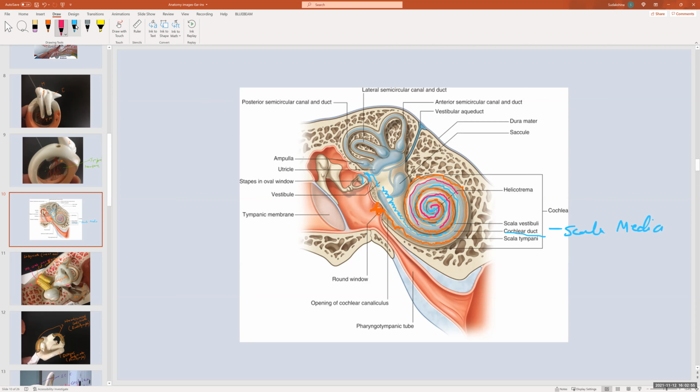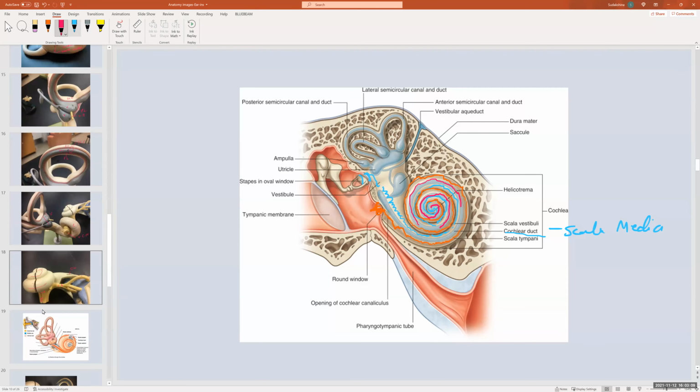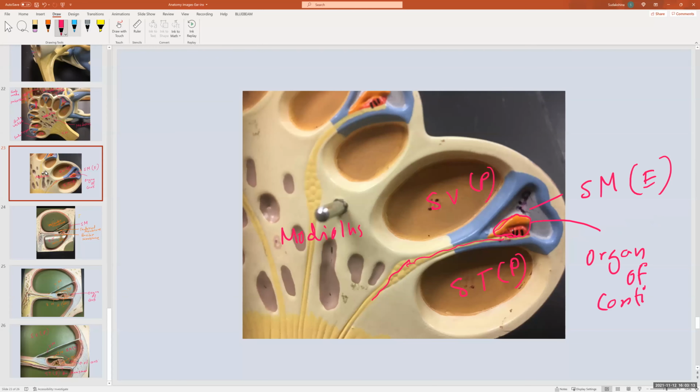When the scala media, which has endolymph, starts vibrating, what's present throughout the scala media? The organ of Corti. So the scala media vibrates, let's go back to this here. Scala media vibrates, endolymph vibrates, so does the organ of Corti.